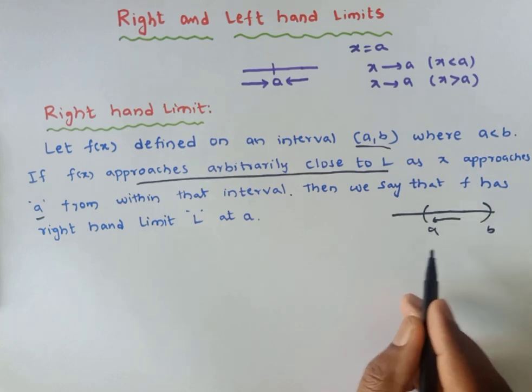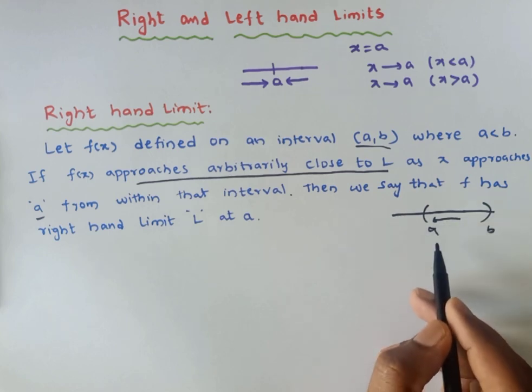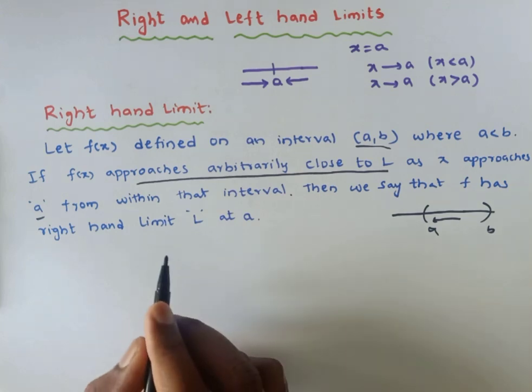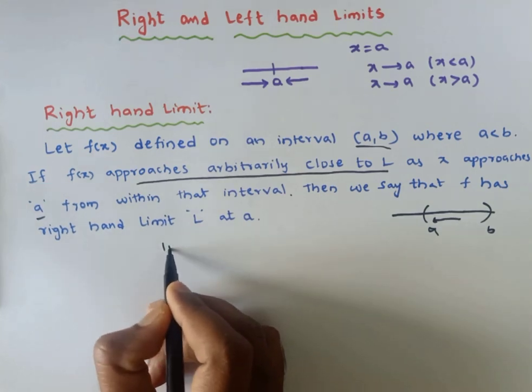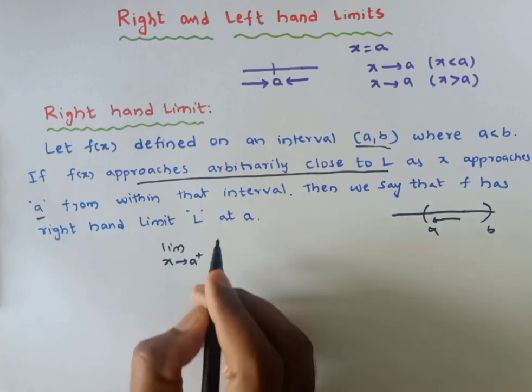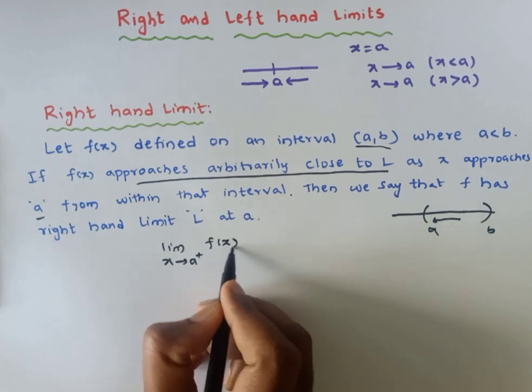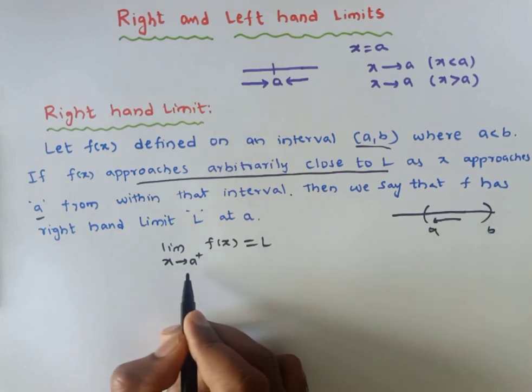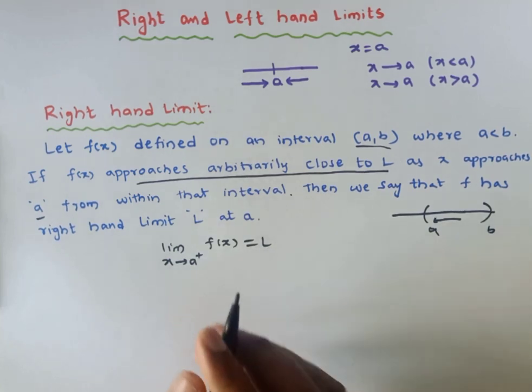We write this as the limit as x tends to a plus of f of x equals L. F of x approaches L as x approaches a from the right hand side.